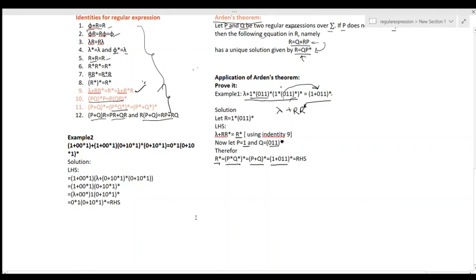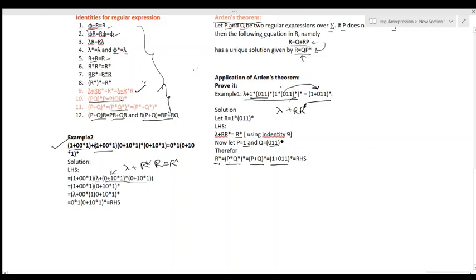Now let's come to example 2. Again we start with the LHS. Here this is a common part, so we can take it outside. What is left is lambda, then the remaining part of the LHS. This is again the case of lambda plus R closure R, which is equal to R closure.